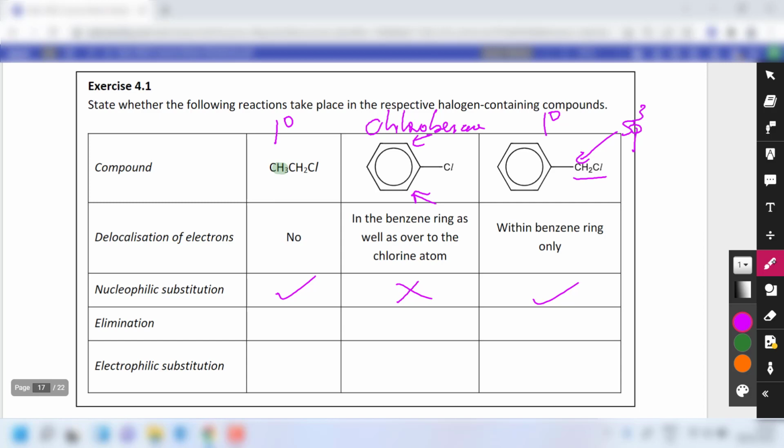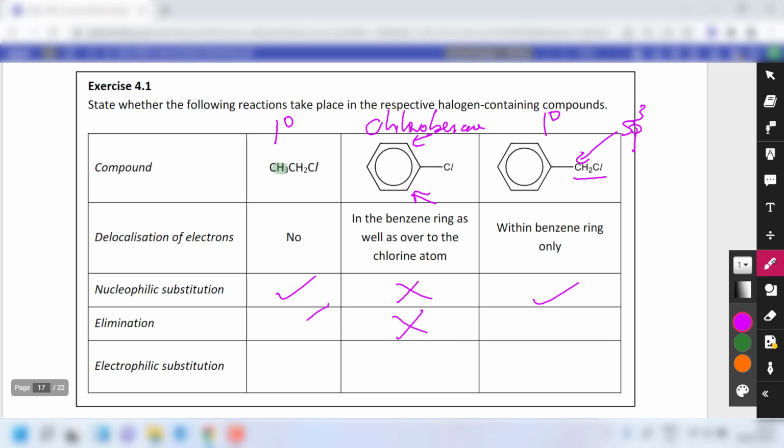However, you will learn maybe at a higher level that it's not possible to abstract the hydrogen in the way you want. Also, if it abstracts the hydrogen this way, the pi electron cloud will be orthogonal to the pi electron cloud of the benzene ring, and this makes the compound highly unstable. So I would say elimination for chlorobenzene, although it contains beta hydrogen, is unlikely.